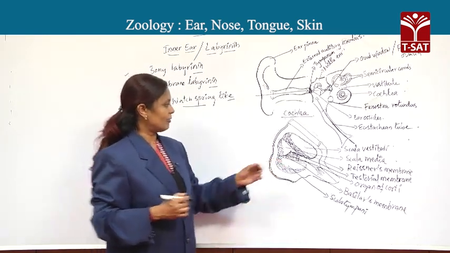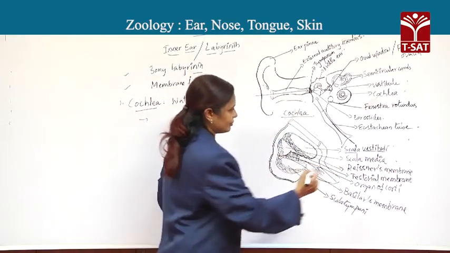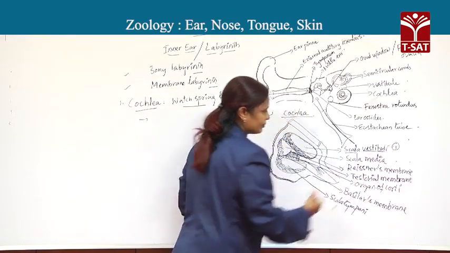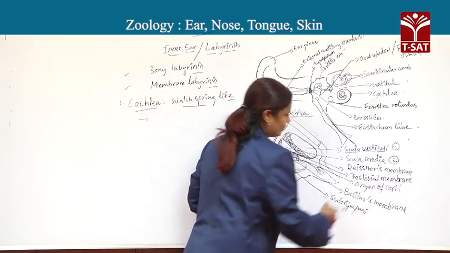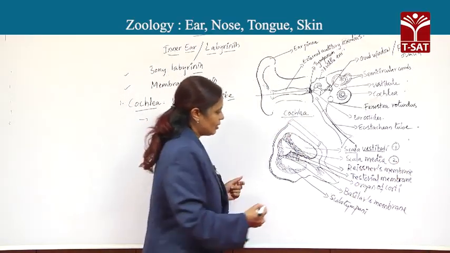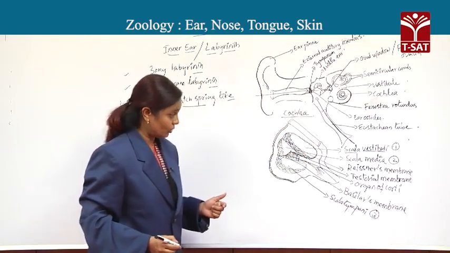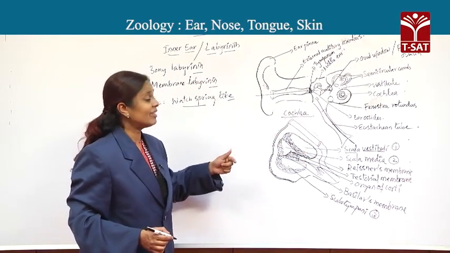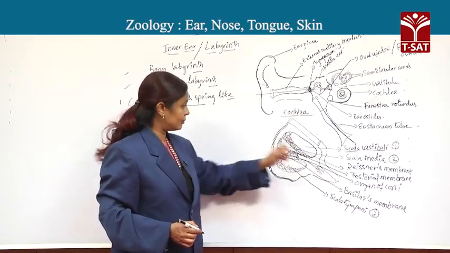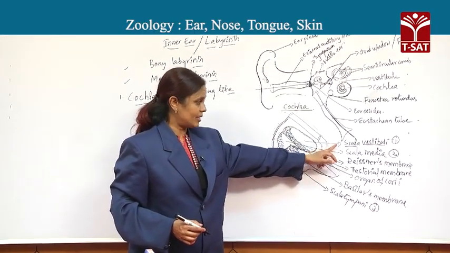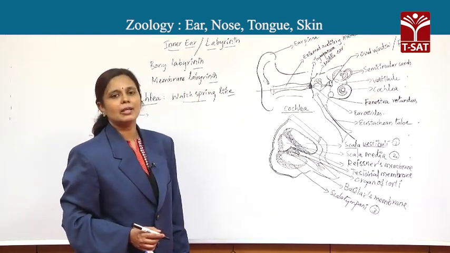Number 1, it is scala vestibuli, number 2, it is scala media, and number 3, it is scala tympani. So, the 3 tubes present inside the cochlea are scala vestibuli, scala media, and scala tympani.